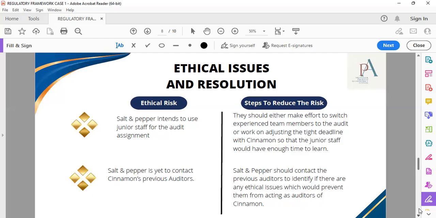To undertake a high risk audit, you need to use experienced team members, or have an appropriate blend of those who have experience and those who are just rookies, so that it will minimize the risk associated.